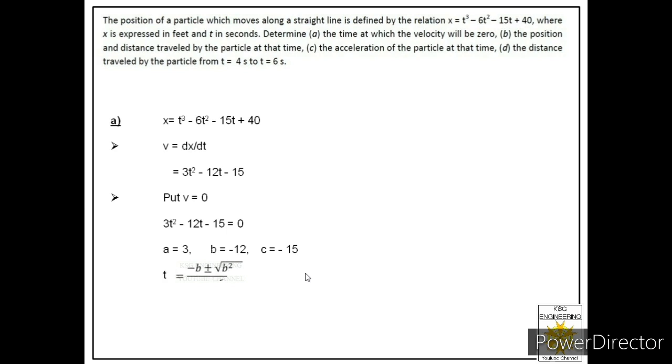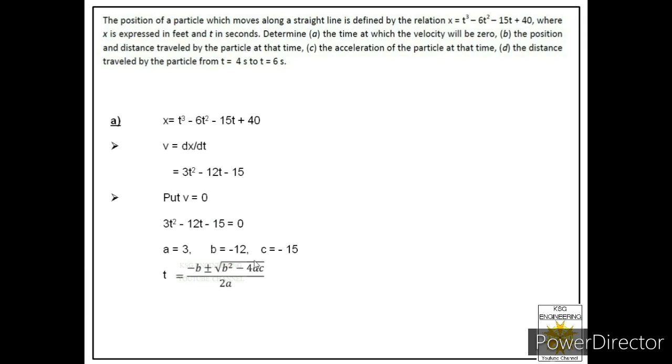The formula for the quadratic equation is minus b plus minus the under root of b square minus 4ac, divided by 2a. Let us put the values in this formula and we will get two values of time, and of course we will consider the positive value.